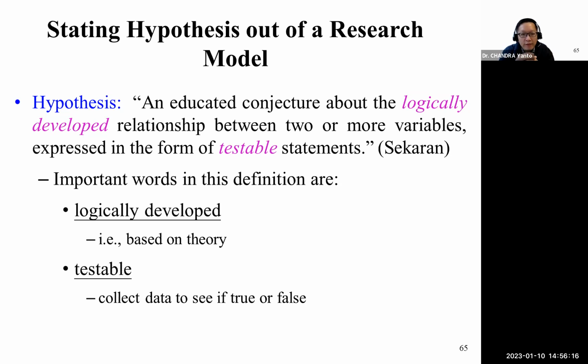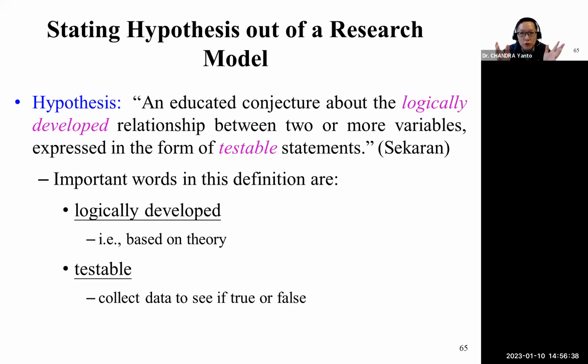So I put here one definition of a hypothesis, which is actually an educated guess, a conjecture about a logical relationship between two or more variables expressed in a form of testable statements. What does it mean to be a logically developed relationship?